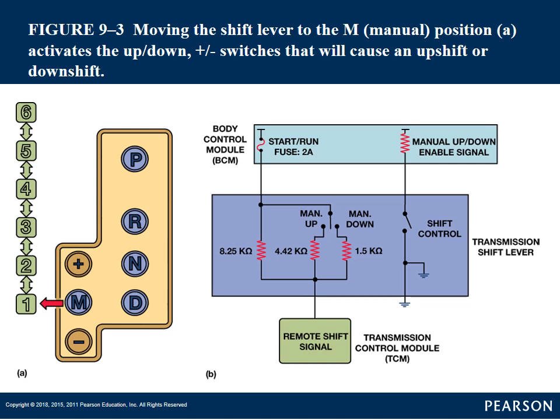Depending on what shift you're wanting within your manual position, will tell the computer how to upshift the transmission. The manual lever valve, if you remember from hydraulics, stays in the drive position, and then they use solenoids to upshift or downshift the transmission.